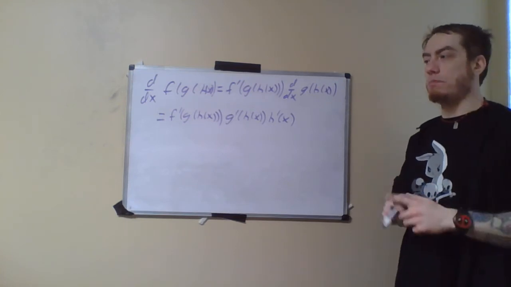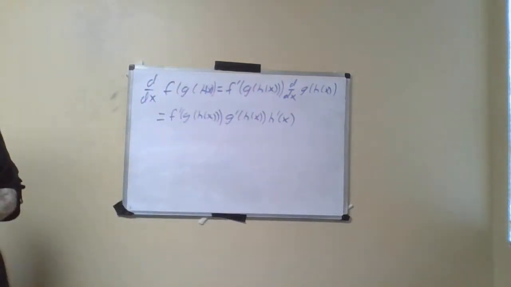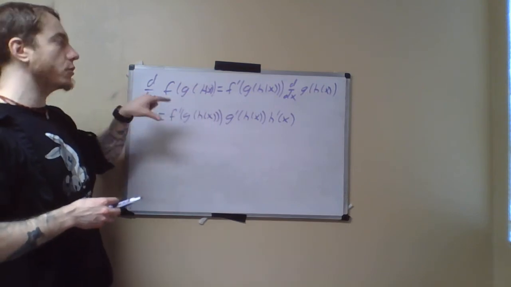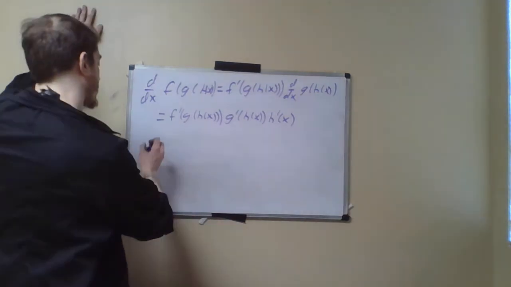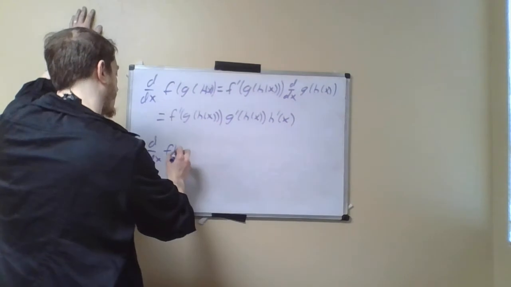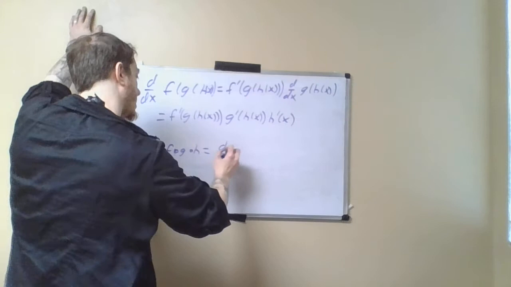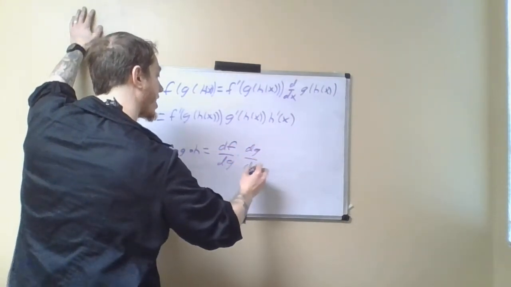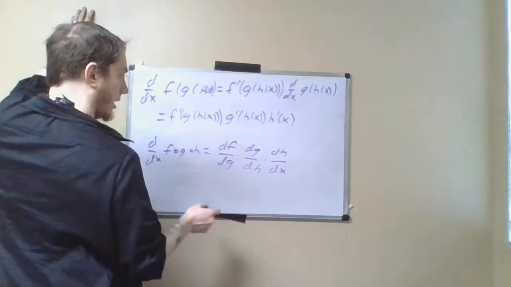I think of it as the chain rule because composition of functions is like chaining functions together. But you can also think of it as the chain rule because if you keep on chaining functions together, the chain rule just keeps on chaining together their derivatives like this. Another way that some people like to write this is that the derivative of f composed with g composed with h is dF by dG times dG by dH times dH by dx.